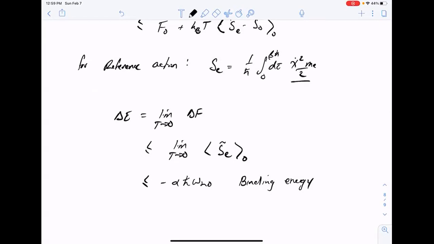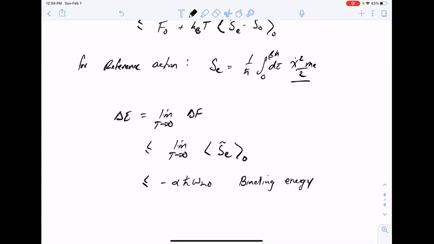In that limit, the binding energy is just given by the number of excited phonons that the electron generates. H bar omega being the excitation energy for a phonon mode, all the phonons being the same, alpha being a dimensionless parameter, then tells you how many modes essentially are created as they solvate this electron forming a polaron.